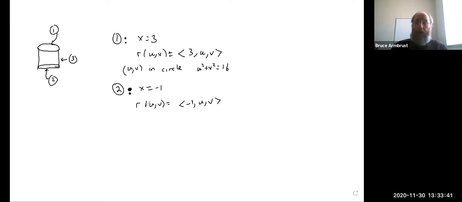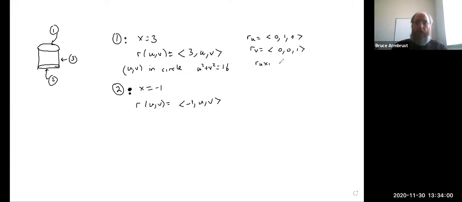While we're here, let's go ahead and get RU and RV so we can cross them. Here RU is going to be 0, 1, 0. RV is going to be 0, 0, 1.